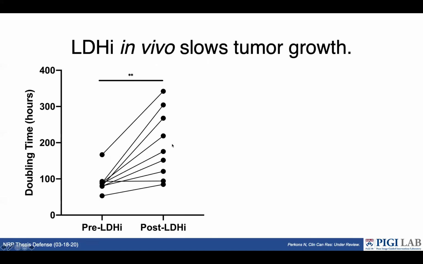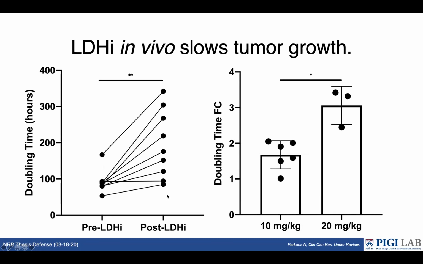So the amount of time it took for the tumor to get twice as large before drug was significantly smaller than the amount of time it took afterwards. And we found that this relationship was dose dependent. So the fold change in this doubling time represents this point divided by this point. And we found that it was much larger for a larger dose of 20 milligrams per kilogram as compared to 10 milligrams per kilogram.